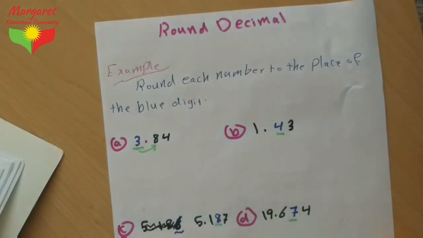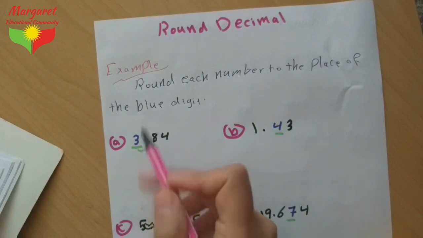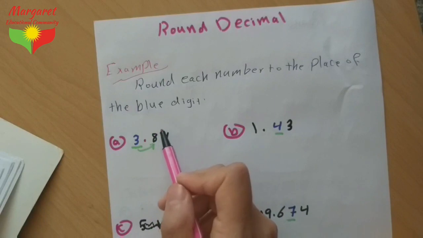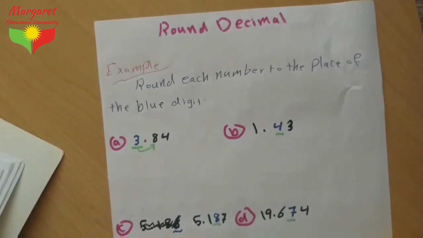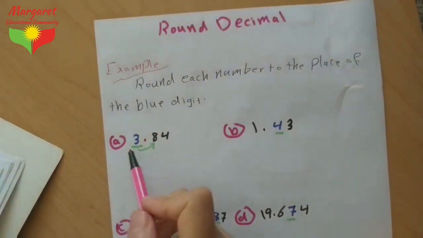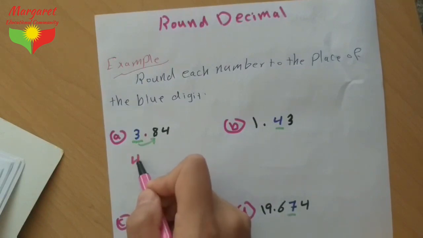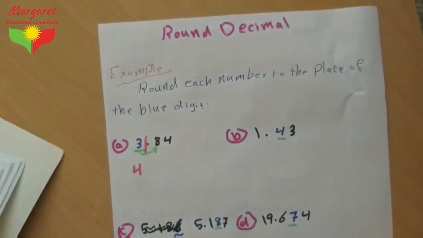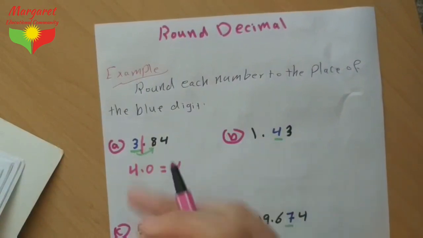Of course 8 is greater than 5, so increasing number 3 by 1 changes it to 4 and cutting from here.